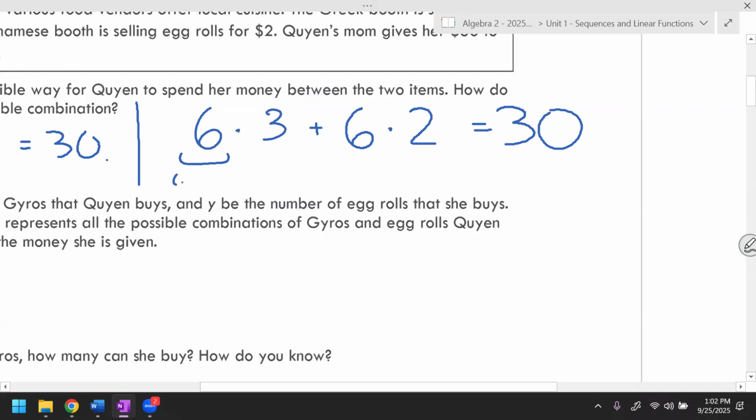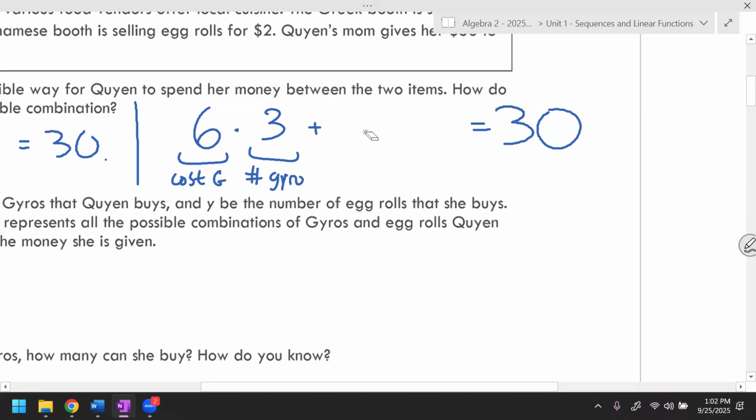This was the cost of a gyro, and this was the number of gyros. Then the cost of an egg roll, and the number of egg rolls, you said 6? Number of egg rolls. Good.